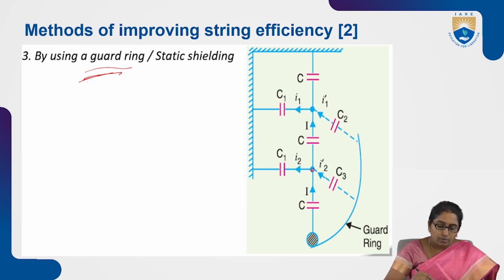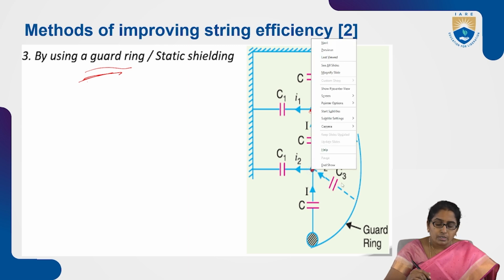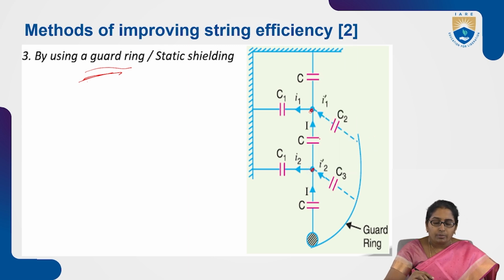We know that these are the metal link points, right? So this introduces new capacitances in the system between the metallic ring and each metal link. Here you see in this 3 unit system, we have these new additional capacitances.